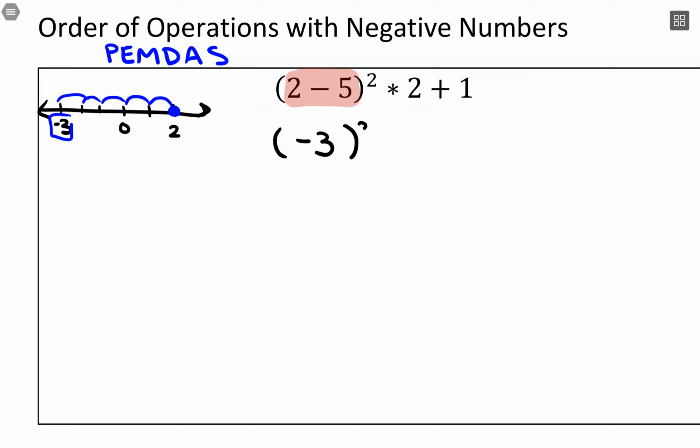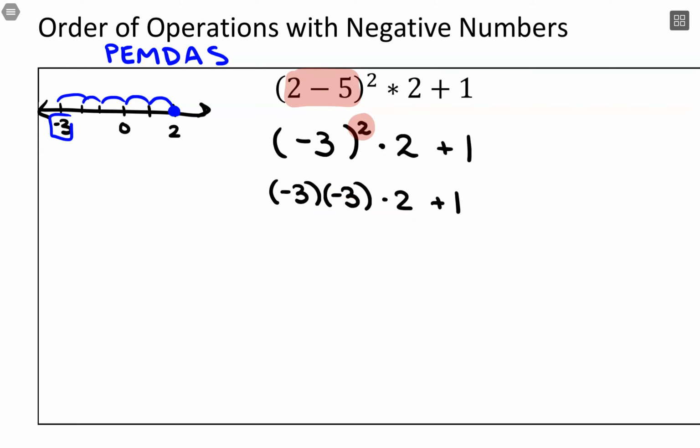All right, that -3 is getting squared in the parentheses there. Then we have times 2 and a +1. So the next thing I want to take care of is that exponent of 2. So I have my parentheses. So this, if it helps, you can write it out as -3 times -3. And then we have that times 2 plus 1. I have this string of multiplication here, so I'm just going to move left to right.